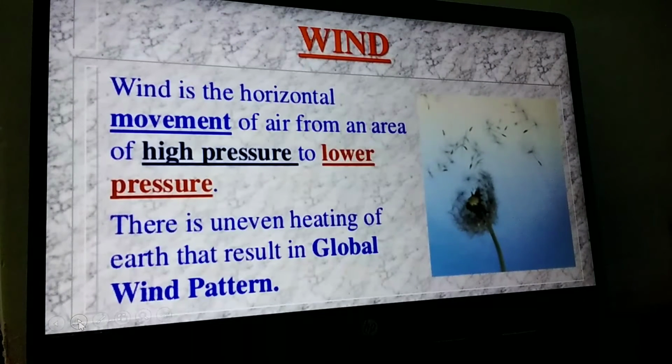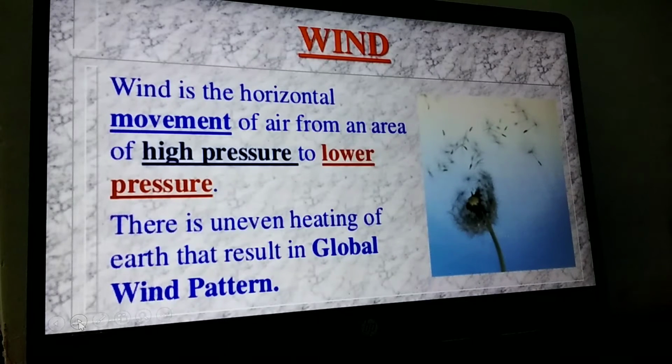Now, what is wind? Wind is the horizontal movement of the air from an area of high pressure to lower pressure.